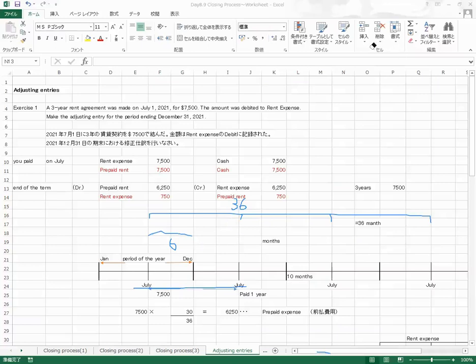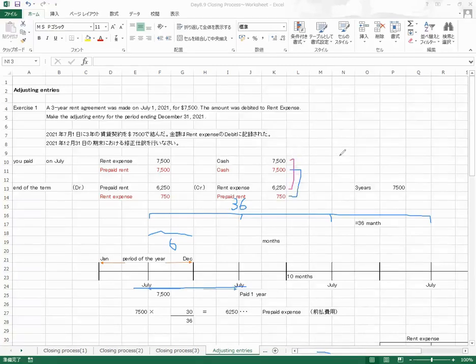So you record the real expense, rent expense 750, and reduce prepaid rent by the same amount. So there are two adjusting ways, but it depends on what you entered in July.